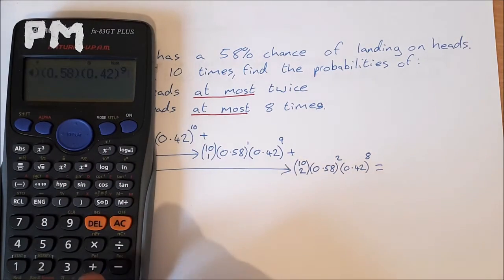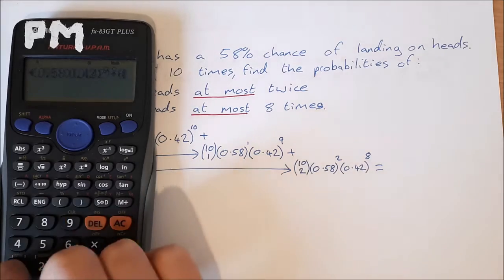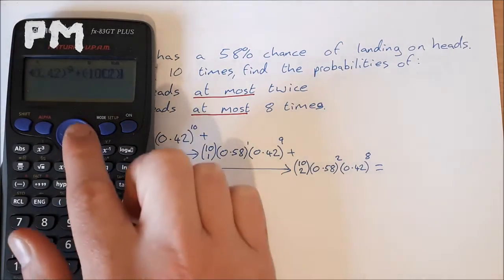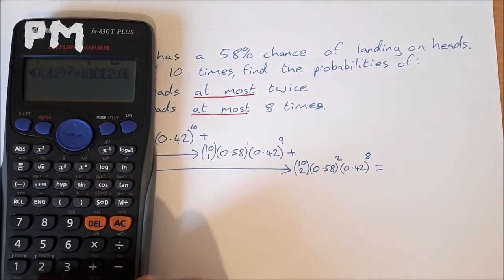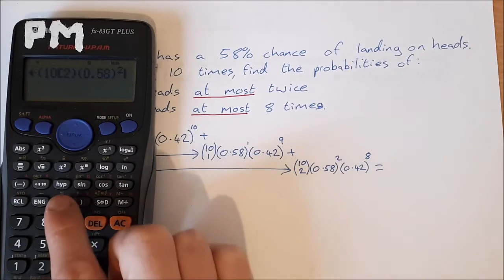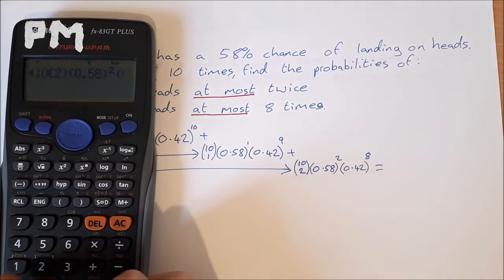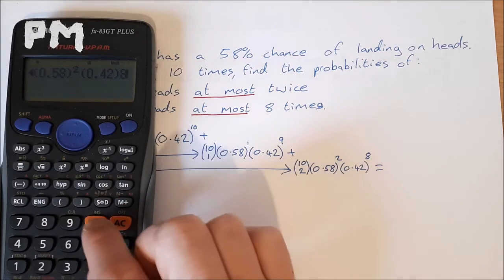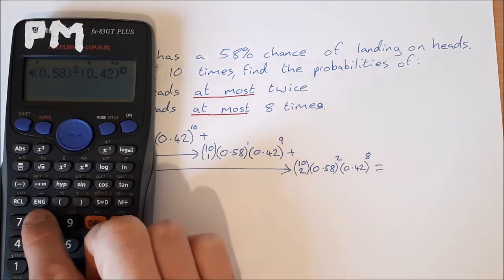And now I'm going to add on 10 choose 2, that's times 0.58 to the power of 2, and then times 0.42 to the power of 8.